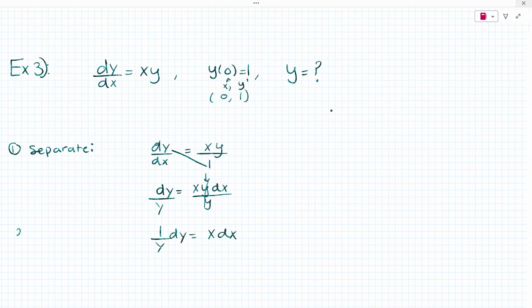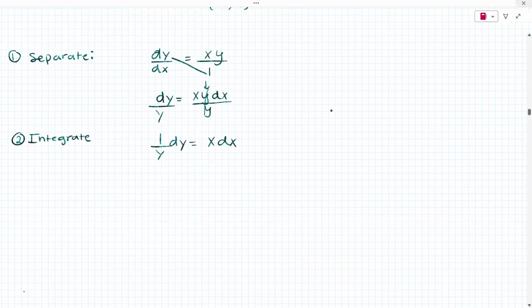Okay, step 2 is integrate. So the integration of 1 over y dy is actually the same thing as the ln of absolute y.